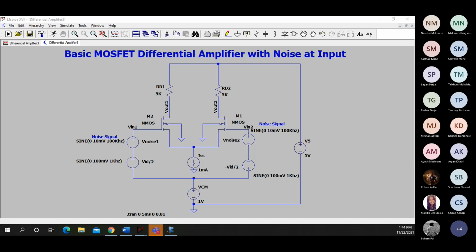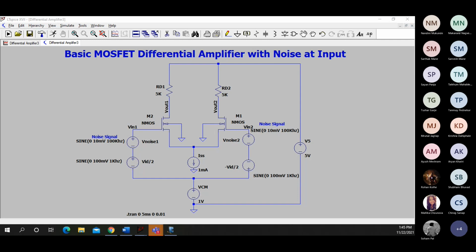How much is your dot tran? Rohan, your dot tran is I think 0.05. So make it 5. Yes, sir. That is why you are able to see only half the cycle of the signal. The output is correct, but while putting it in your manual, you have to put it a little bit properly.